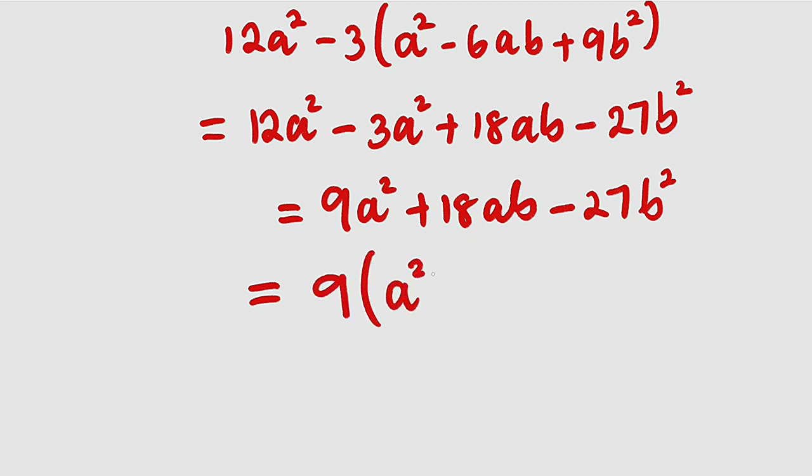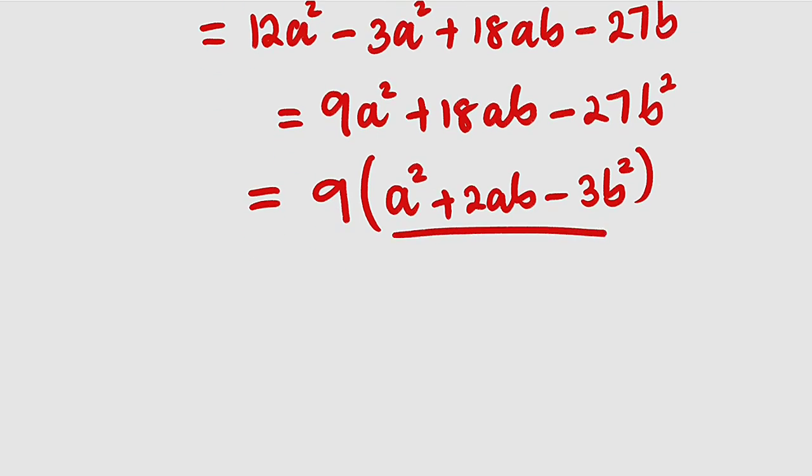We have a squared plus 2ab minus 3b squared, because 9 divided by 9 is 1, 18 divided by 9 is 2, and 27 divided by 9 is 3. Okay, this is what you need to factorize again. This is equal to 9 multiplied by, let me see, two numbers that we can multiply to get negative 3 and when we add them together, we get positive 2. I think it's 3 and 1.